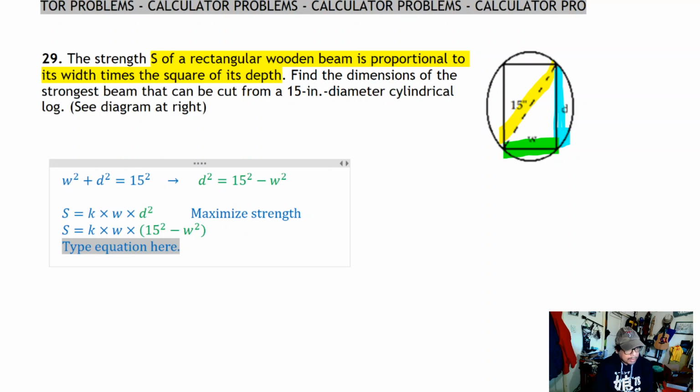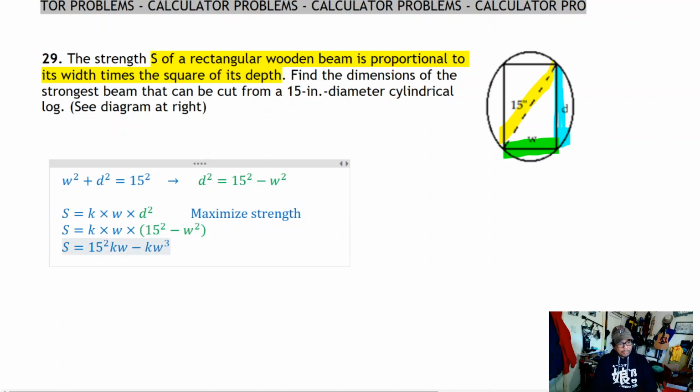So the strength is equal to 15 squared times K times W, minus, and again we're distributing, kW times W squared. So that is kW cubed. So again, just distributing kW into this green parenthesis here gives us this.